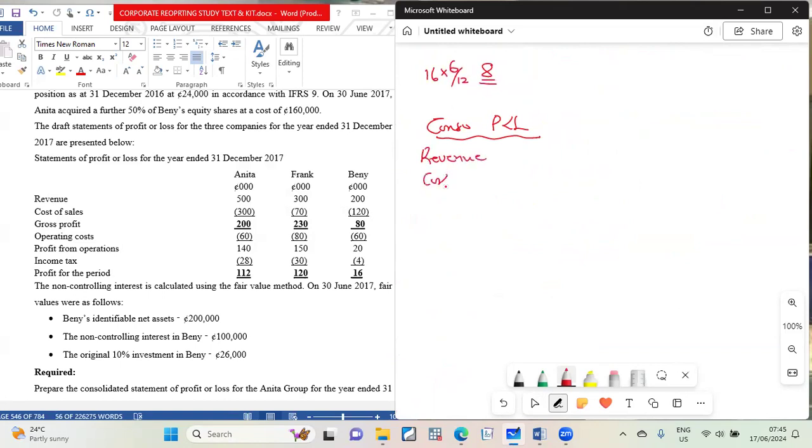We have cost of sales. We have gross profit. Operating expenses or operating costs. Then we have profit from operations. You just repeat them, okay?